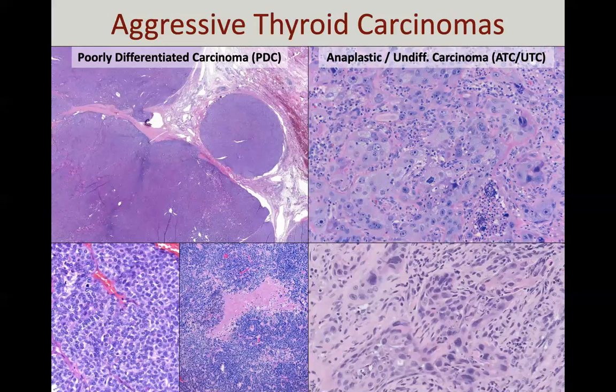So this is what we're dealing with, aggressive carcinomas, namely poorly diff or anaplastic. We can get into the criteria for poorly diff maybe when we look at the slides, but just know that this exists. In the past, it used to be called insular carcinoma because of its insular or solid growth pattern, right? No more follicles, no more papillae.